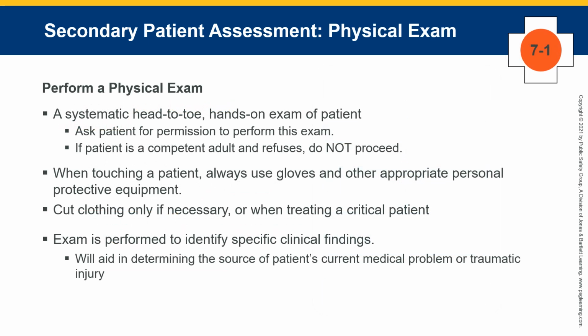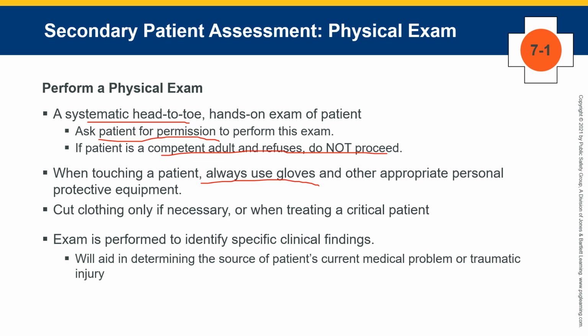So being systematic for most of us means we're going to work head to toe. As we put hands on, we always have to make sure that we have permission or consent from the patient, and if the patient refuses, do not proceed. We would be guilty in that case of battery. We always want to touch the patient wearing gloves. That's for our own protection.